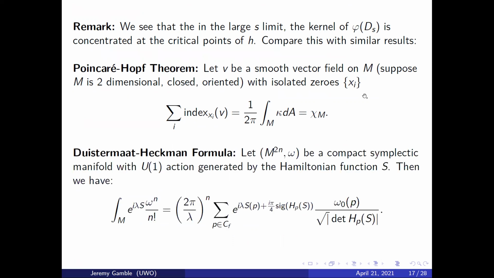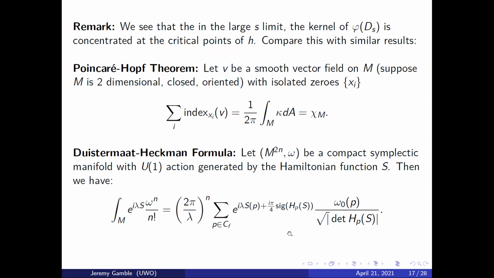And then another example of this happening is the Duistermaat-Heckman formula, which I gave a talk on in the differential geometry course before, where we get this perfect stationary phase approximation for a Morse function on a manifold with suitable conditions on it. Again, the exact formula here isn't very important.